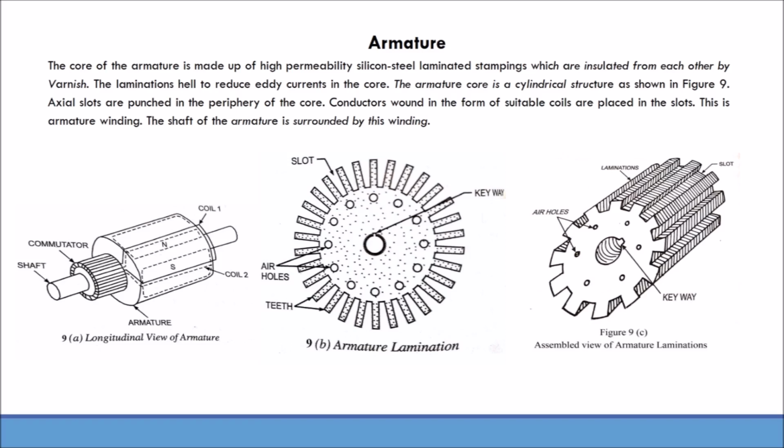The armature core is a cylindrical structure as shown in figure 9. Axial slots are punched in the periphery of the core. Conductors wound in the form of suitable coils are placed in the slots. This is the armature winding. The shaft of the armature is surrounded by this winding.